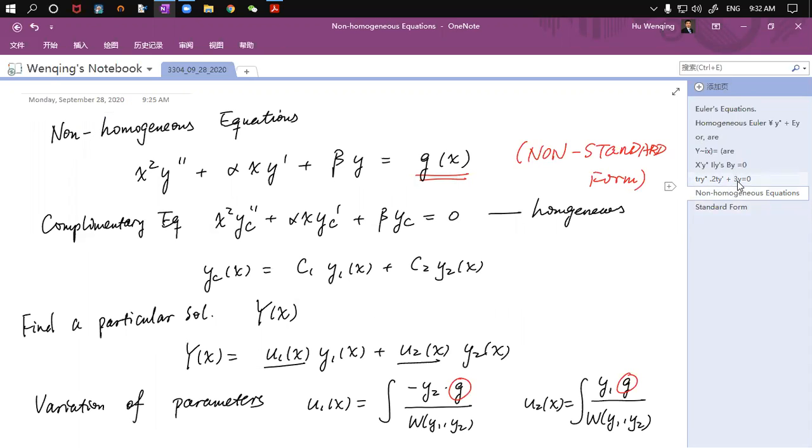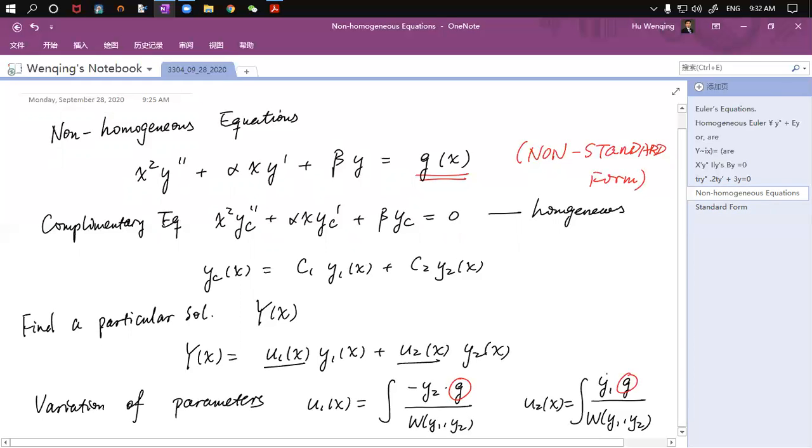You must memorize that if you start from a non-homogeneous Euler's equation, you can use the Euler equation theory. The alpha and the beta are used to build the characteristic equation, and as we said before, you build the two fundamental solutions. But as long as you have the fundamental solutions and you want to build a particular solution, then you use the variation of parameters method.